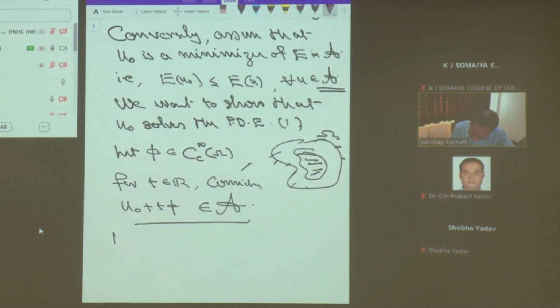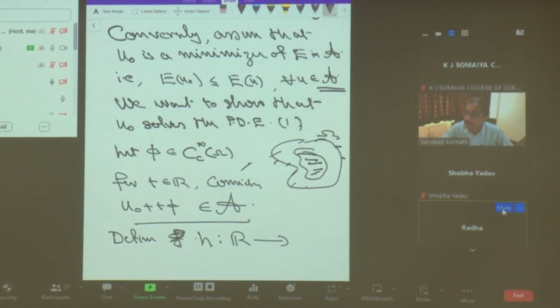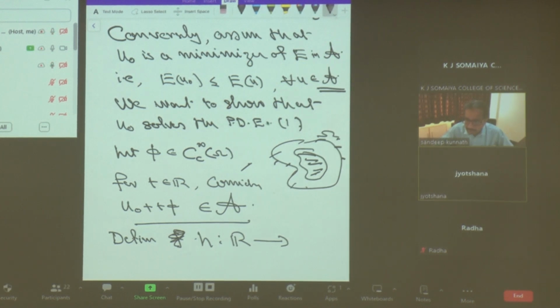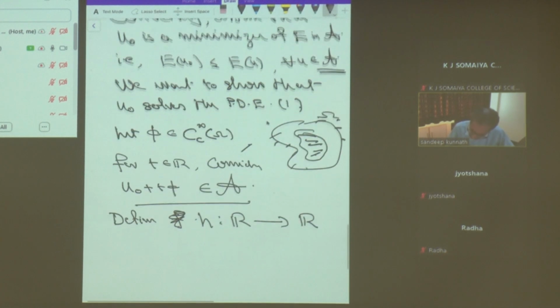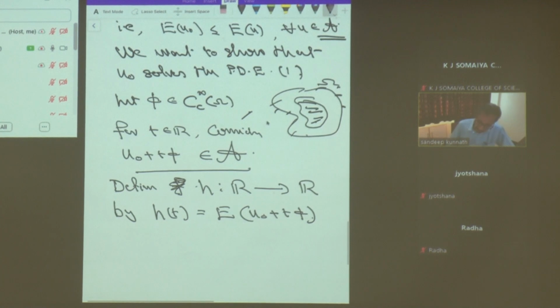So now I define a function h from R to R by h of t equal to the energy of the function u naught plus t phi.